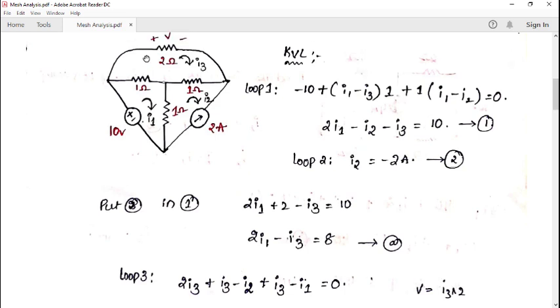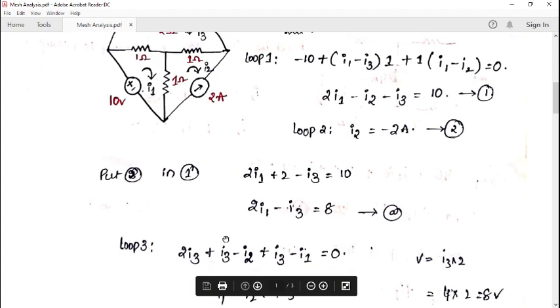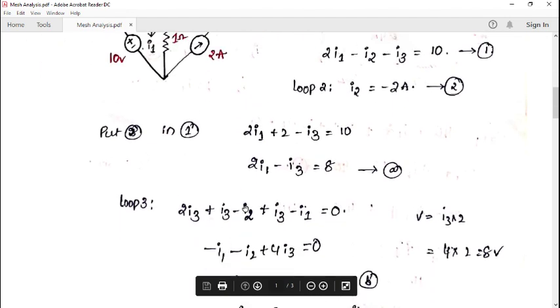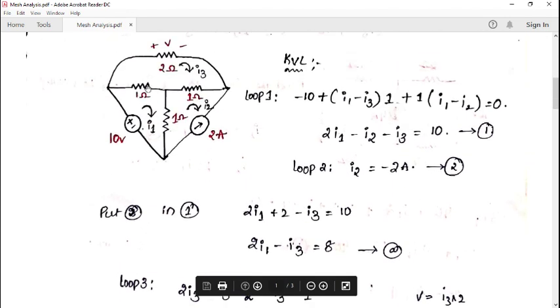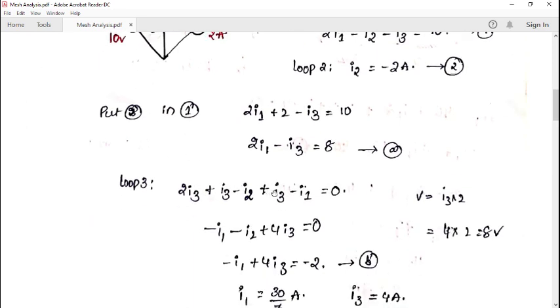So starting from this, 2 into I3, and I3 minus I2 into 1, 1 ohm resistor is there, no? I3 minus I2 into 1 ohm. Similarly, I3 minus I1 into 1 ohm resistor, I simply wrote it as I3 minus I1 equal to 0.